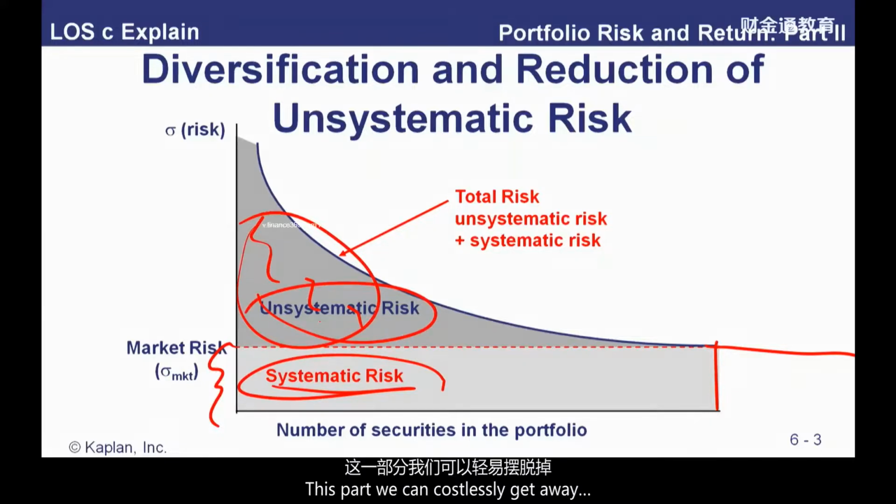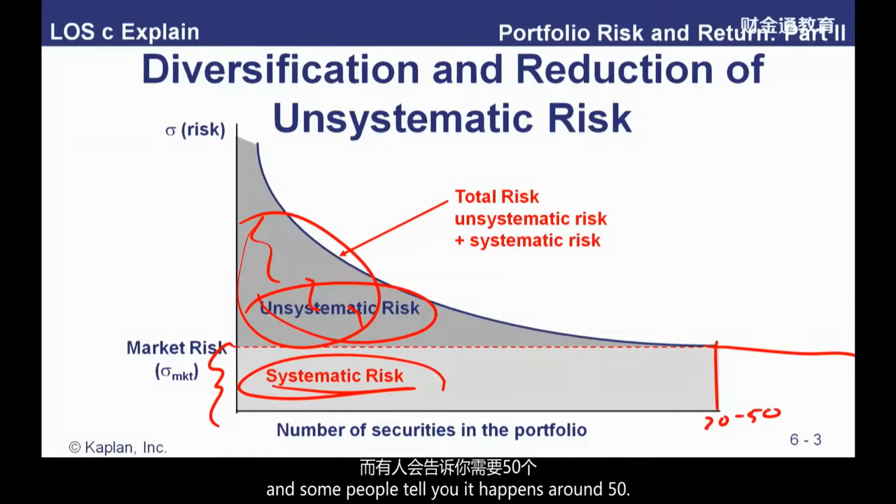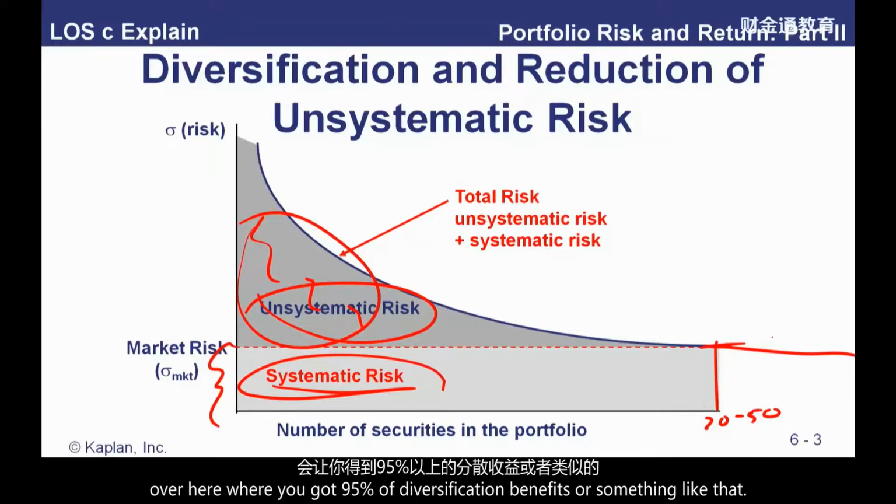This part we can costlessly diversify away, and depending on who you talk to, some people will tell you this happens around 20, and some people will tell you it happens around 50. It doesn't actually get all the way down until you get all the securities in the world in there, but it becomes essentially an asymptote over here, where you've gotten 95% of the diversification benefits or something like that.